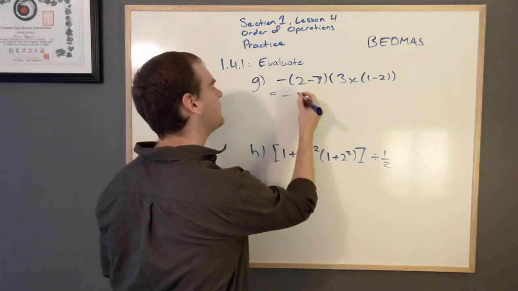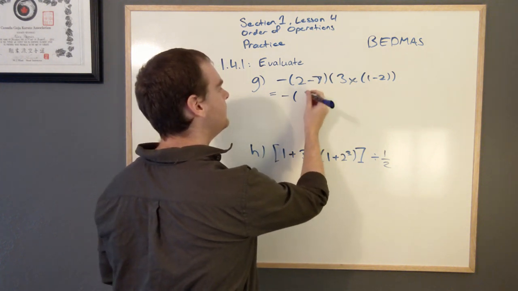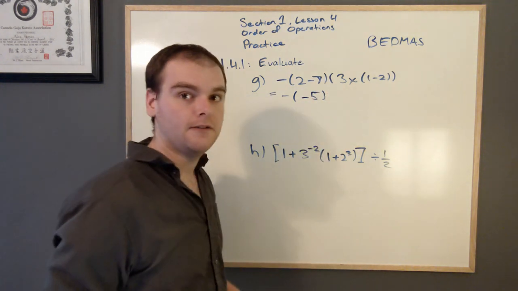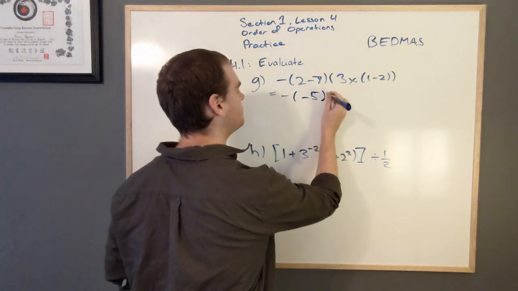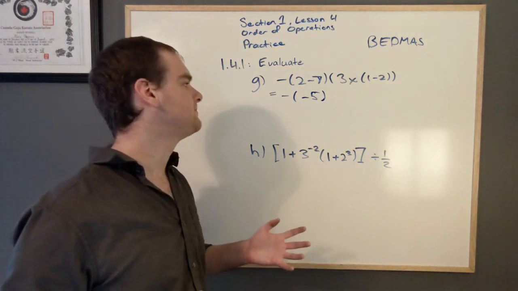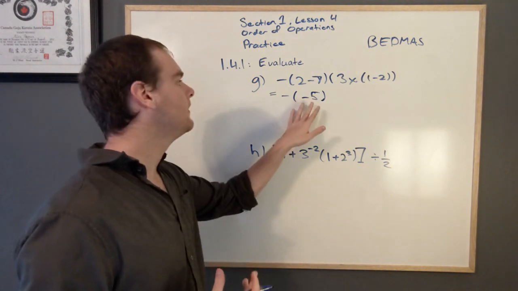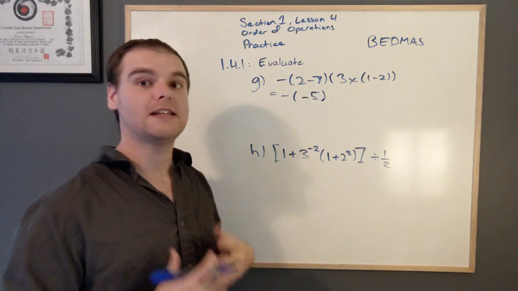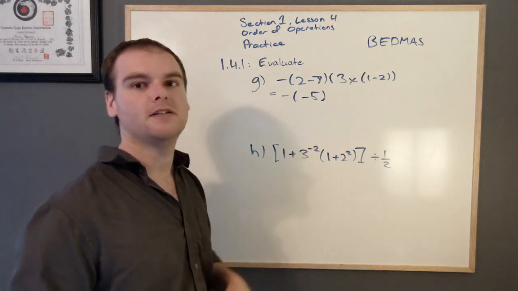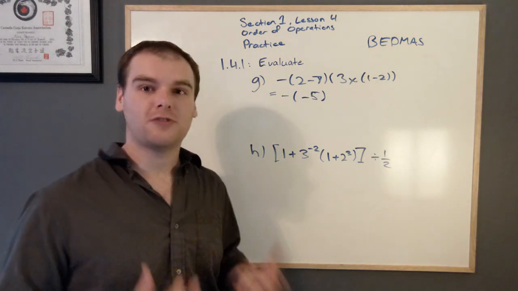So we have 2 minus 7 is negative 5. Now, you could drop the negative, but what I like to do is whenever I have a negative number, I usually like to keep it in the brackets because, as we can see here, we have a negative, and when we do the multiplication, those negatives are going to cancel out, but I don't want to lose track of those negatives.